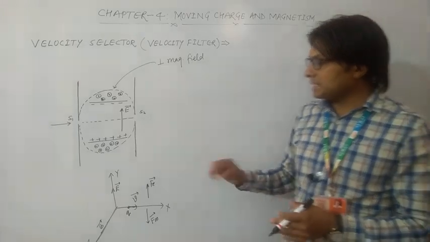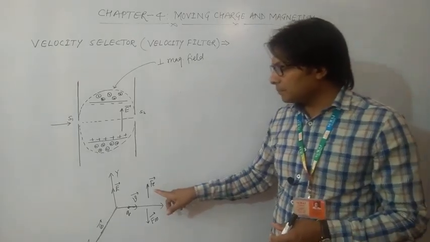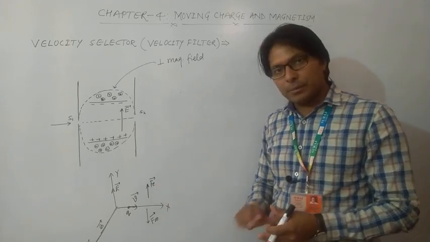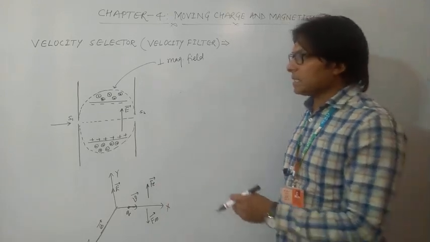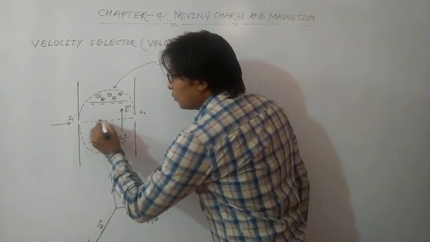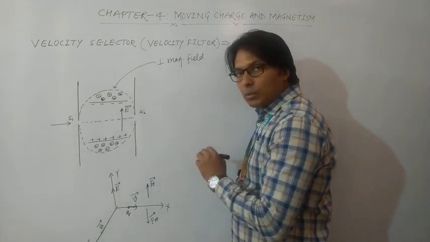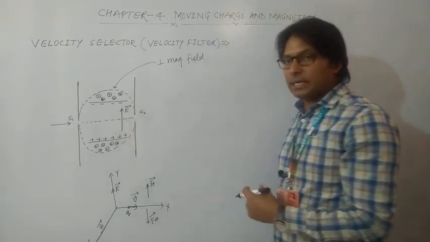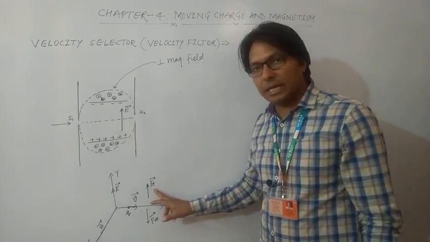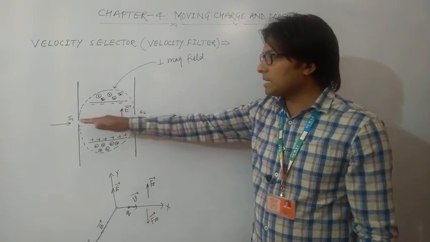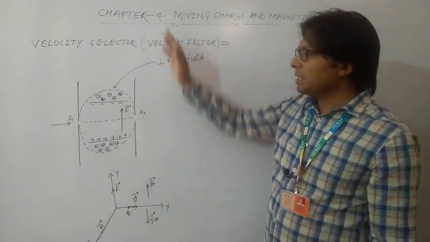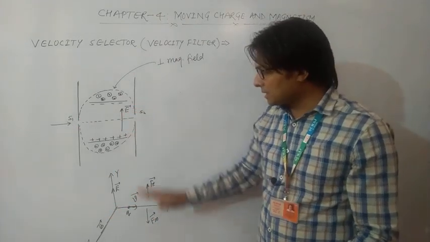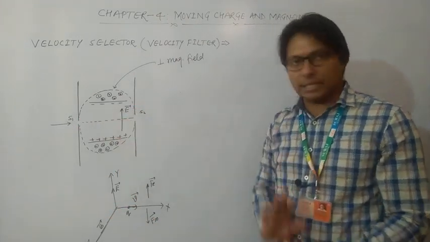If the magnitude of electric force and magnetic force becomes equal, then the charged particle will move on to slit S2 and exit from slit S2 undeflected. If the electric force is greater than the magnetic force, then the charged particle will move in this direction, or if the magnetic force is greater than the electric force, then the charged particle will be deflected in this direction.